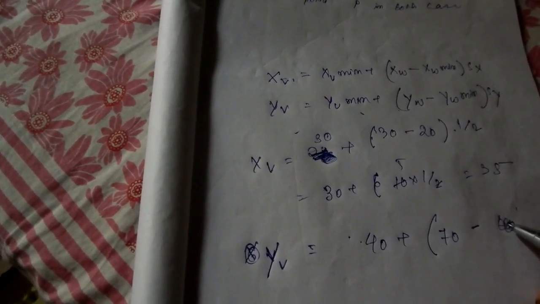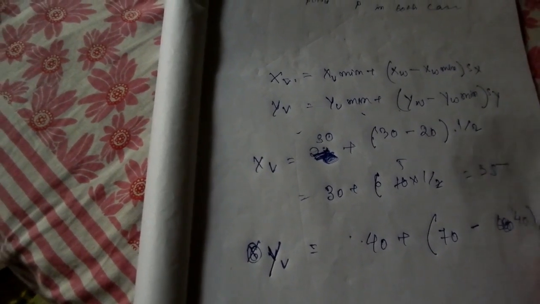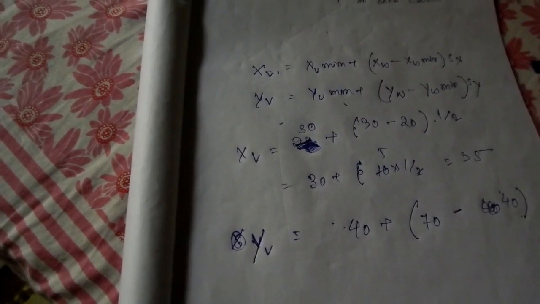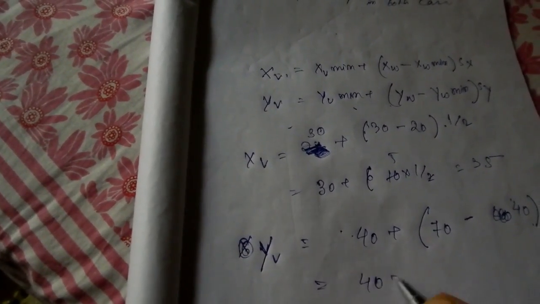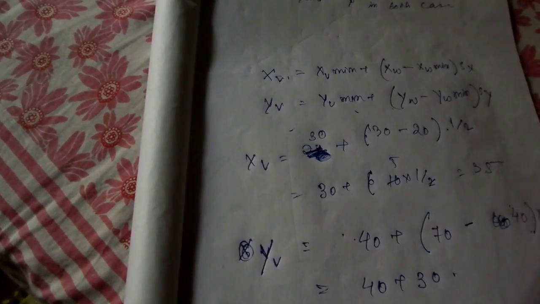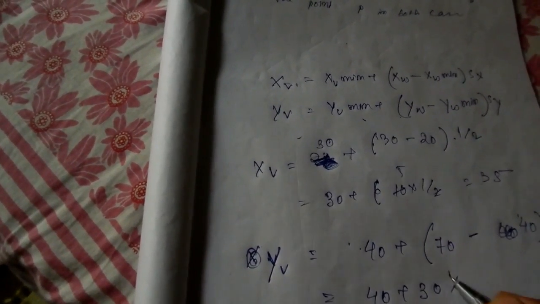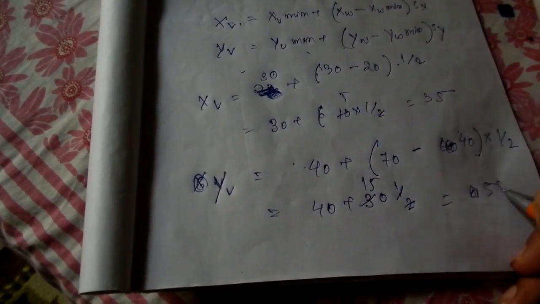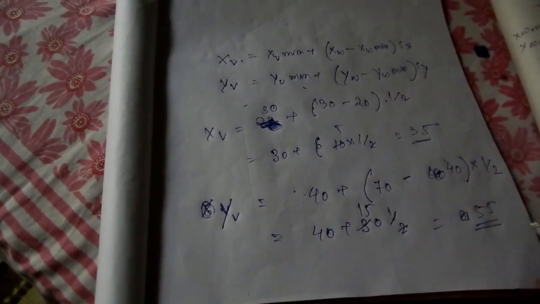So it's 40 plus 30 into half. I get 15, that is 40 plus 15, that is 55. So we have calculated the coordinate, which is 35, 55.